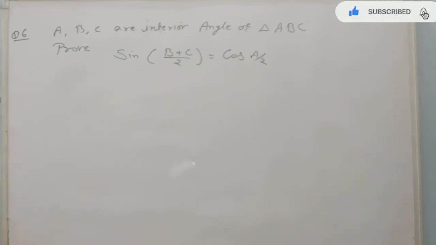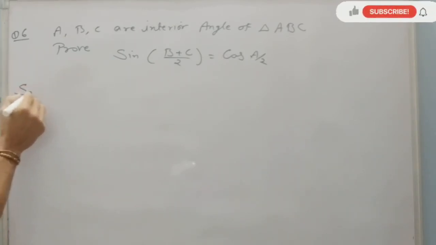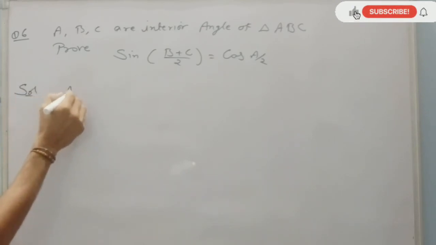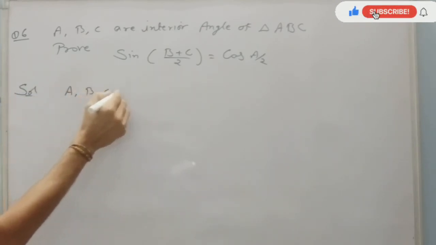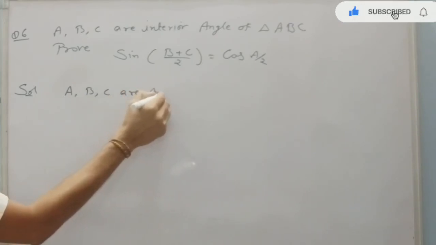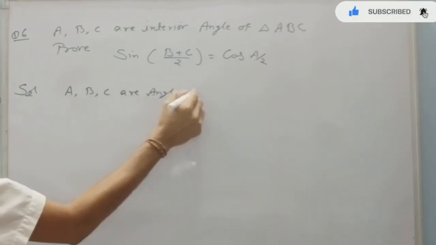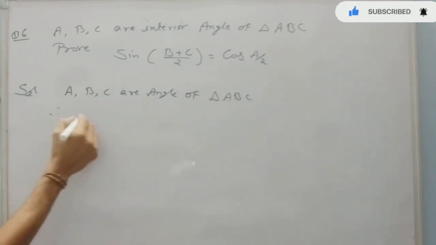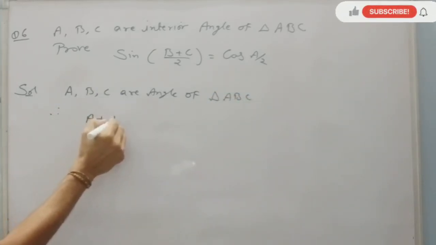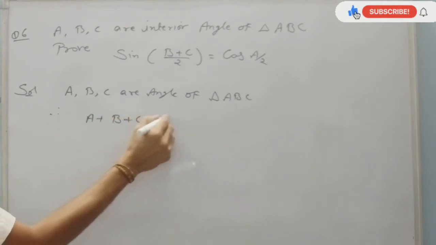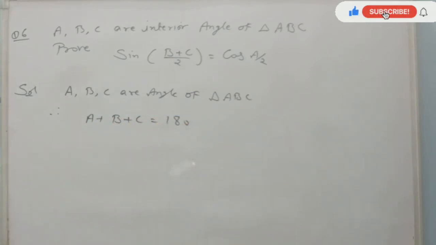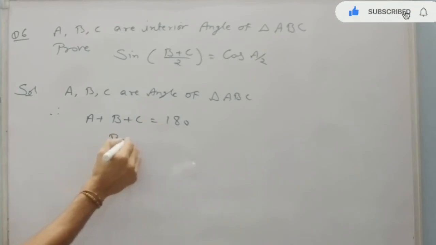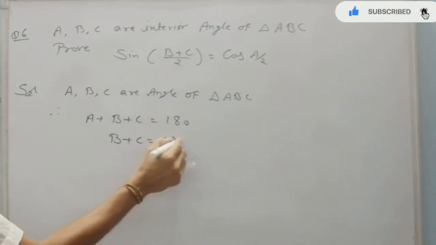There are several ways to solve it, but the first simplest way is, as we know, A, B, C are the angles of triangle ABC. Therefore, A plus B plus C should be equal to 180. By this I can say B plus C is equal to 180 minus A.